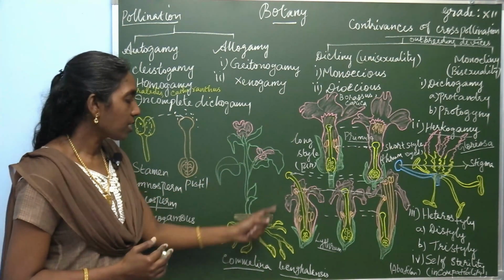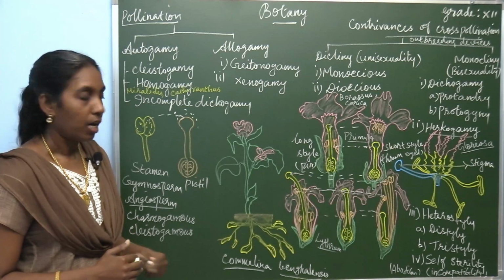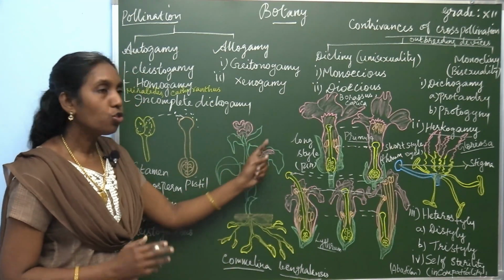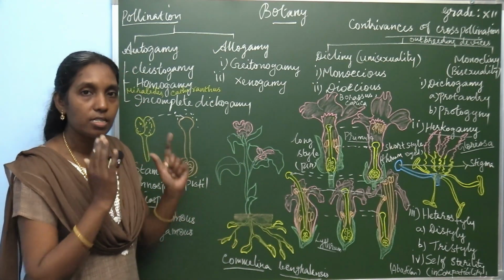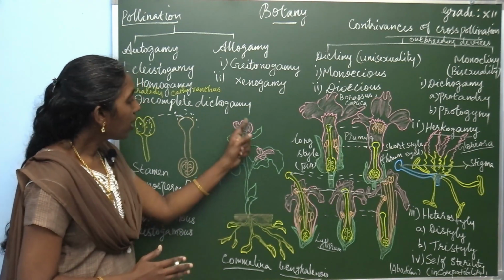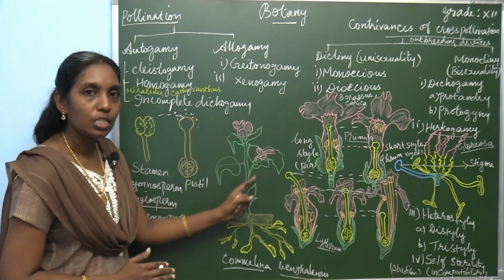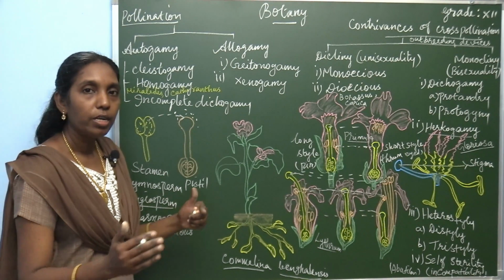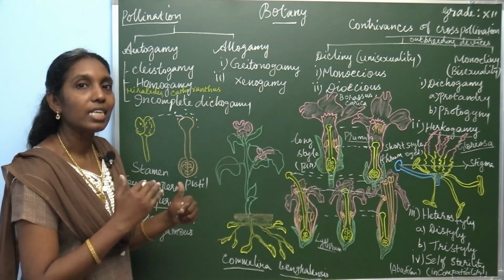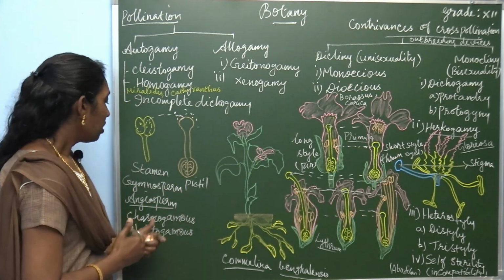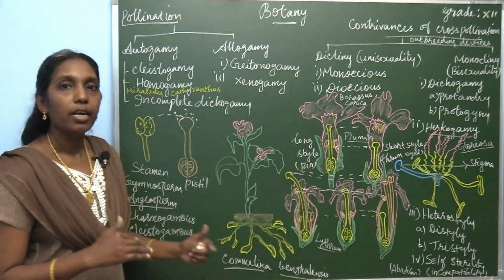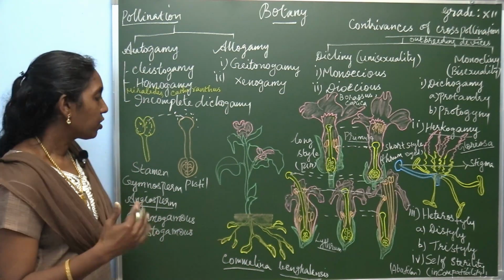These all show cleistogamous flowers. But in Commelina bengalensis, two different types of flowers are present in the same plant. The aerial part produces the chasmogamous flower, and the phenomenon is called chasmogamy. Here the cleistogamous flower, and the phenomenon is called cleistogamy.